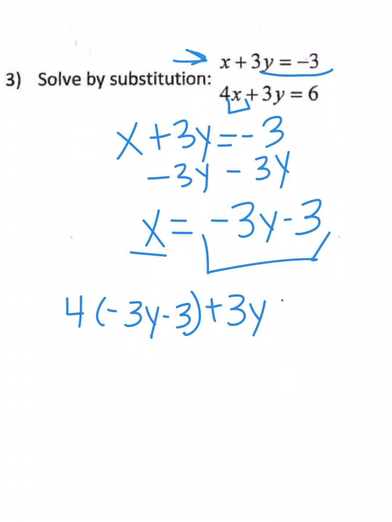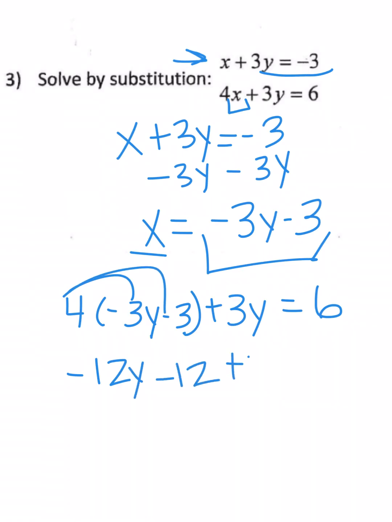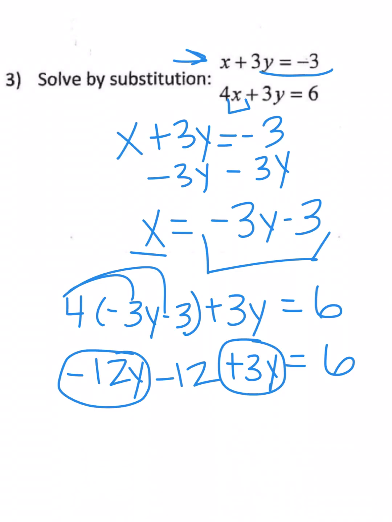Notice I have just y's in my problem. So I'm going to distribute this 4, turning that into -12y minus 12, and then just rewrite the rest of the problem. Now let's combine like terms on the same side of the equal sign. I have a negative 12y here and a positive 3y here. Those are going to combine to give me a negative 9y.